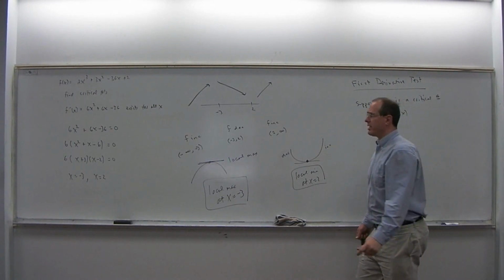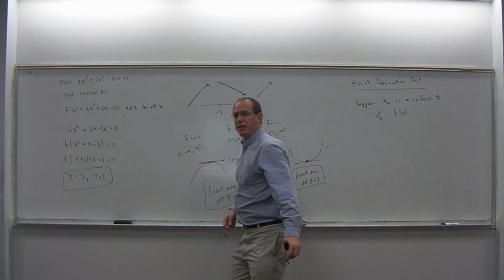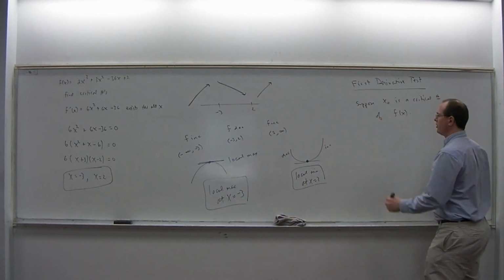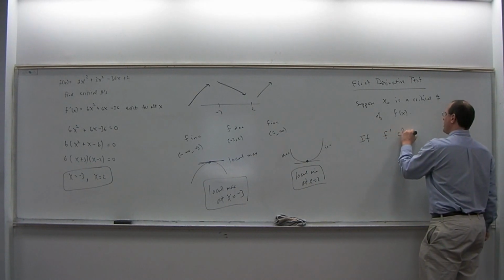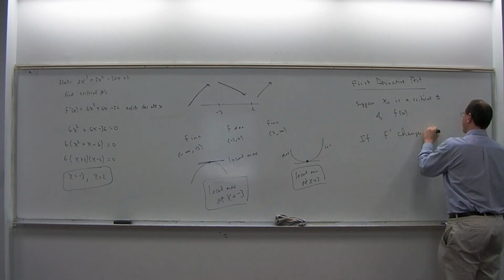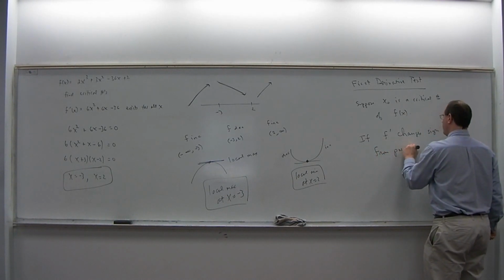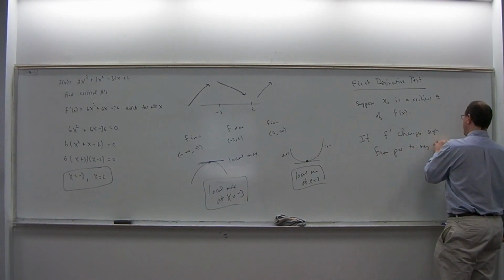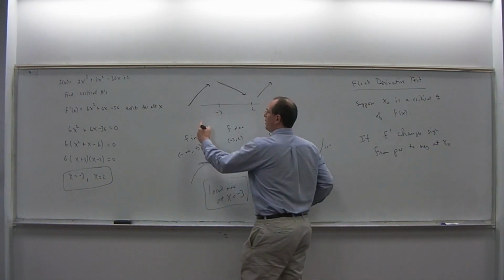So in this particular example, here's our f of x. The critical numbers were -3 and 2. So suppose we have a critical number, then if f prime changes sign from positive to negative at x0, which is what happened at -3.